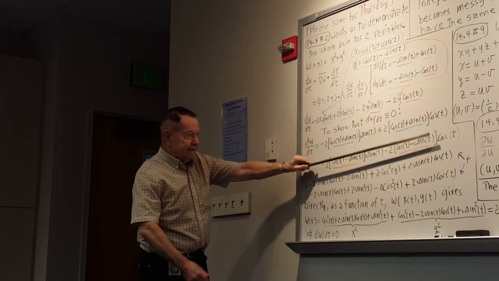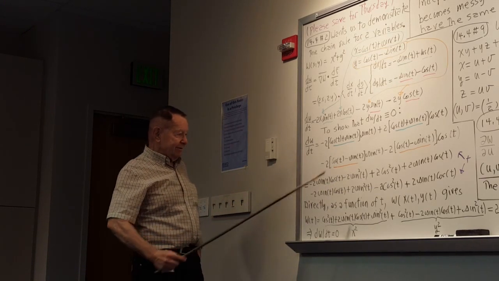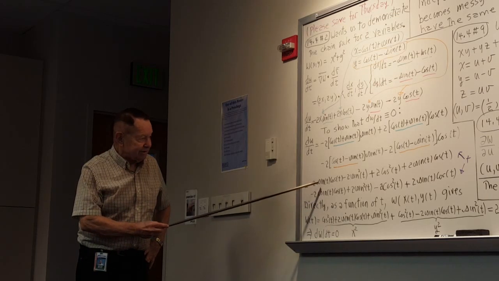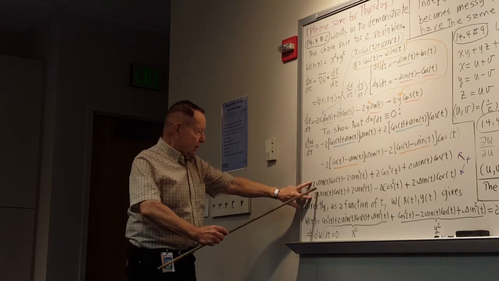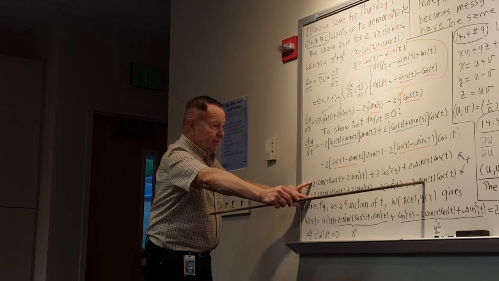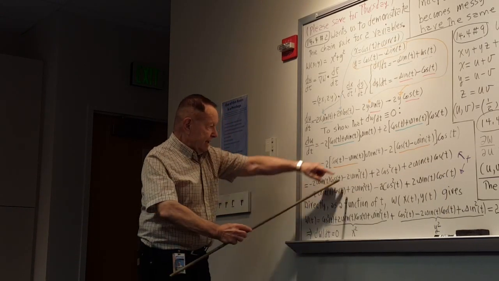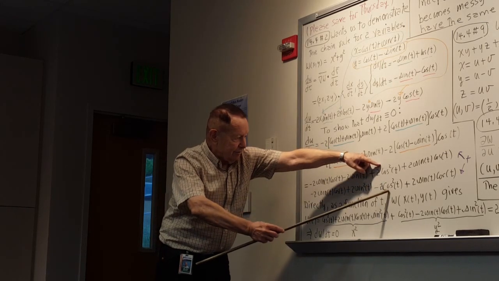And then you do the same thing here, and then you have to add those together. And when you do, you see it all cancels out, because you have minus 4 sine cosine here, and you have plus 4 sine cosine there, and then you have minus 2 plus 2, and then you have 2 minus 2.